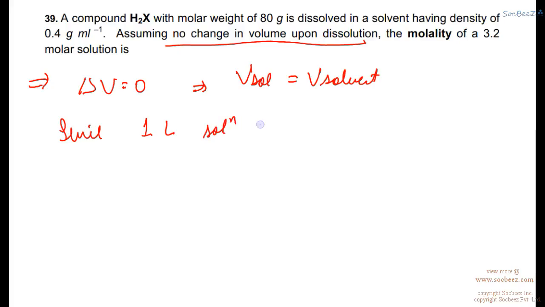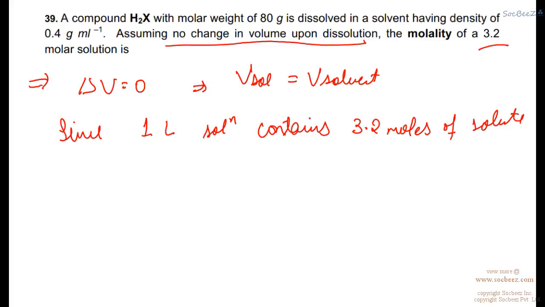Now, since 1 liter solution contains 3.2 moles of solute, because the molarity is given to be 3.2, therefore 1 liter solution is almost equal to 1 liter of solvent.